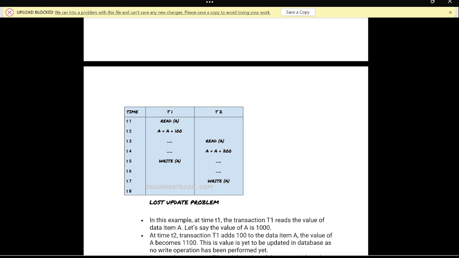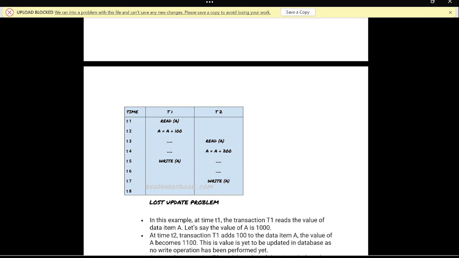Let's assume that my bank account balance of A is 100 at the time of T1. At the time of T2, I increment my bank account with 100 rupees. The initial balance is 100, so when I update it, it becomes 200. Now my A balance is 200.